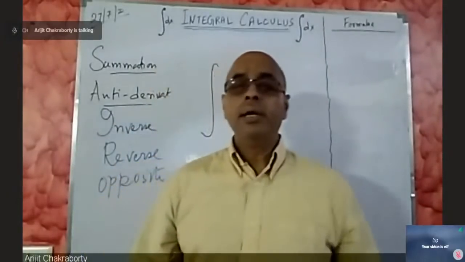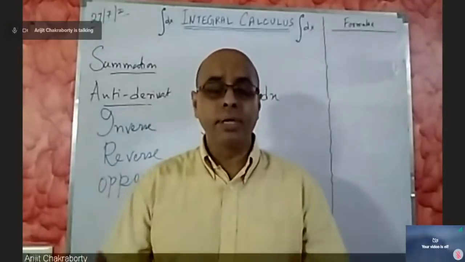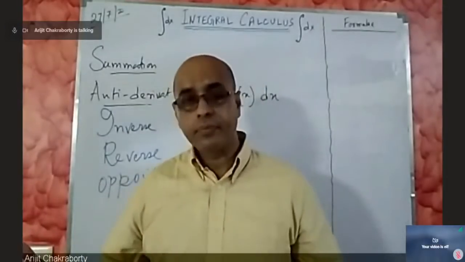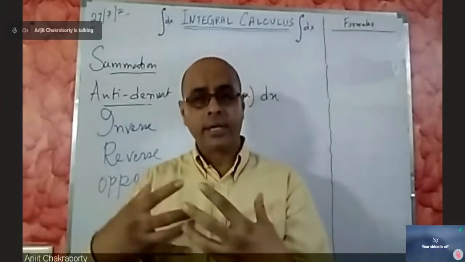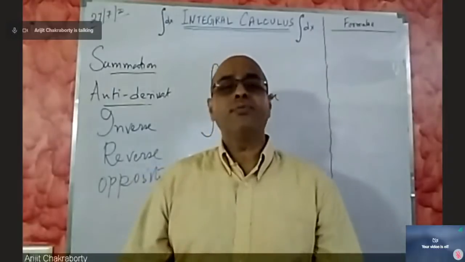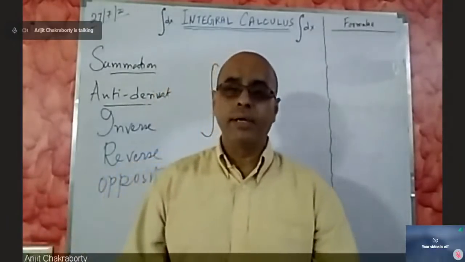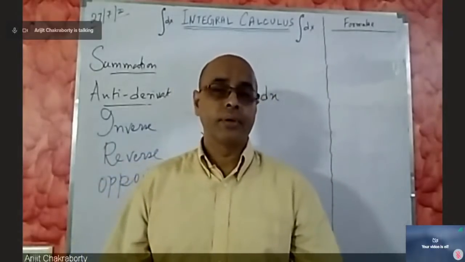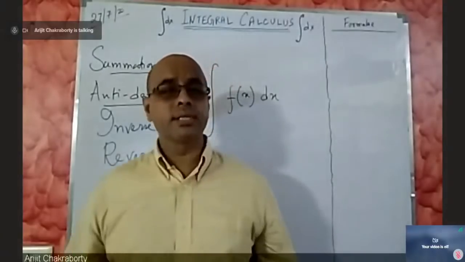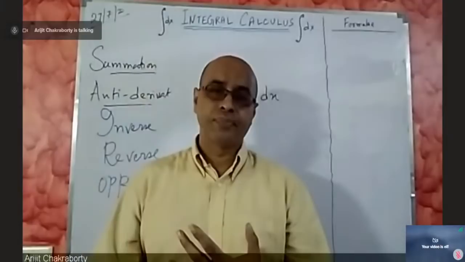For example, the total number of customers added in a company during a period of time. The function is given, so you may have to integrate. Profit of a company down the years, totaling up the profit of a company, when the profit function is given, when the revenue function is given, right? You may remember last day we took revenue function, cost function, profit function.